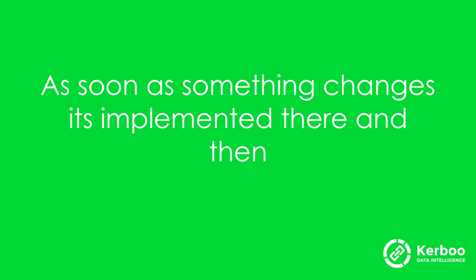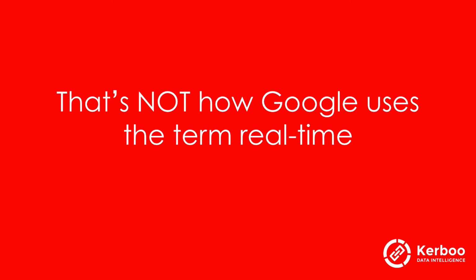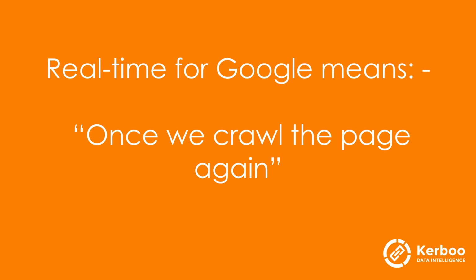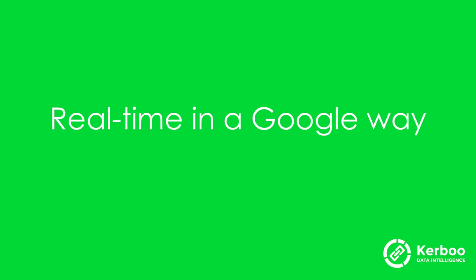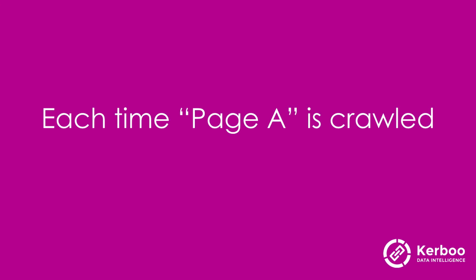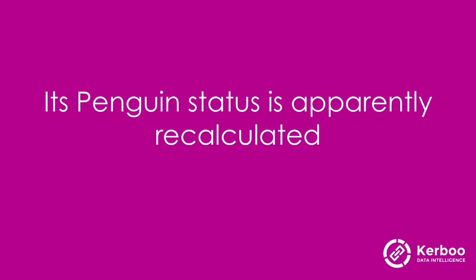So it's happening right now as soon as it sees it. But that's not really the way that Google uses the term real time. So real time for Google means once we crawl the page again. So how is Penguin applied? Let's look at real time in a Google way. Each time page A is crawled, its Penguin state is apparently recalculated.